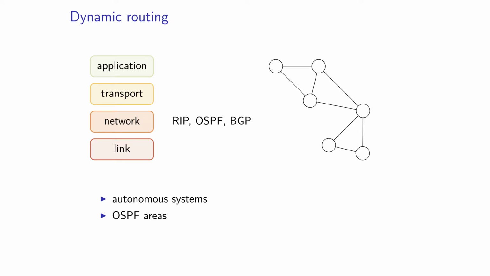You will also learn what autonomous systems are, and so this is an integral part of today's internet, and how to look at different dynamic routing protocols, for example, the OSPF protocol. And BGP is another one.